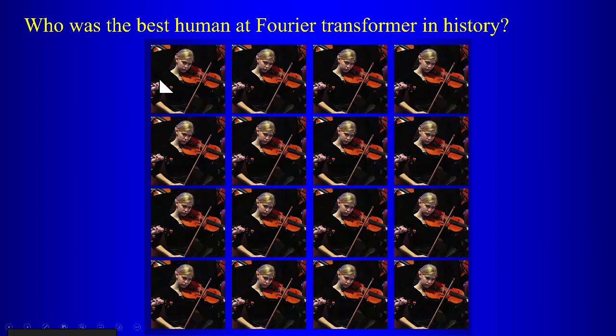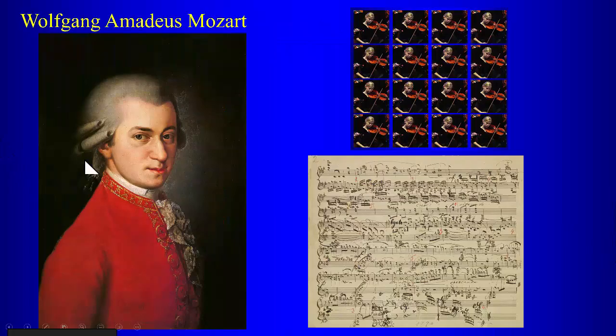Some of you may remember this from lectures. Who's the best human at Fourier transformation in history? All right, take a guess. No, he was good. Mozart was. Mozart could listen to a whole piece. He'd go to a concert, listen to the piece, and write down what each part was playing, what the violinists were playing, what the cellists were playing.